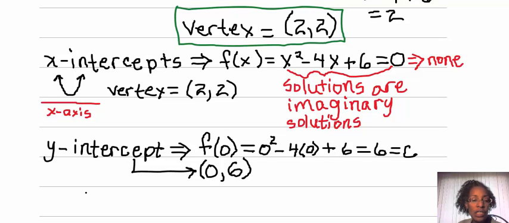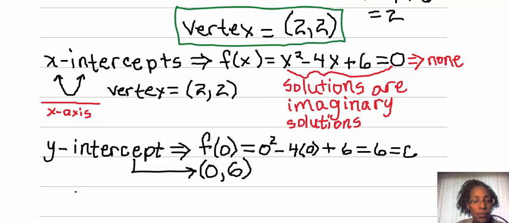However, if x-intercepts did exist, you would want to precisely know their values, or its value. And actually, whenever there's one x-intercept, that has to be the vertex.